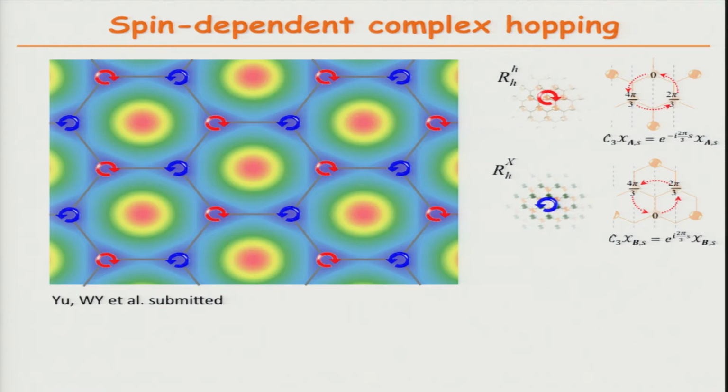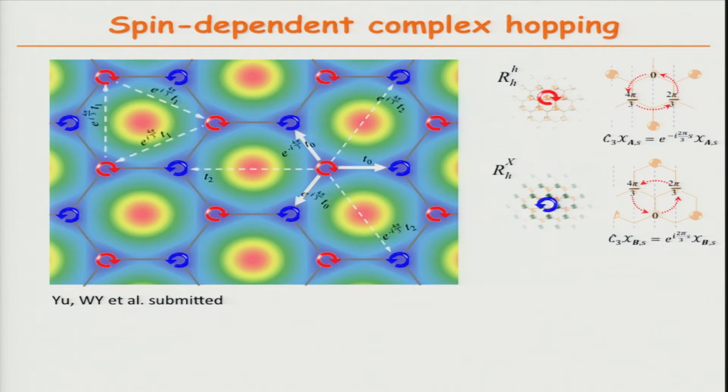That means the exciton has a distinct rotational symmetry at these two local minima. And because of this, the hopping between these sites must carry a complex phase. If you look at the nearest neighbor hopping, there is a phase factor different from these three hoppings, and also for the third nearest neighbor hopping. And the next nearest neighbor also has this complex phase.